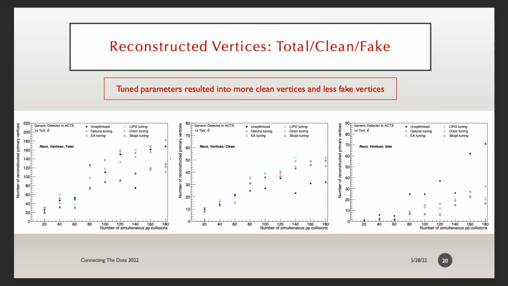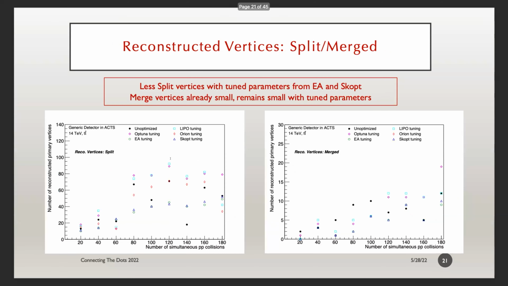But go fast. Okay. So we are able to get cleaner vertices and fewer fake vertices using our optimization parameters. Some of the algorithms give more total vertices, and some give fewer. This is basically a trade-off where it tries to give us more split vertices as well.